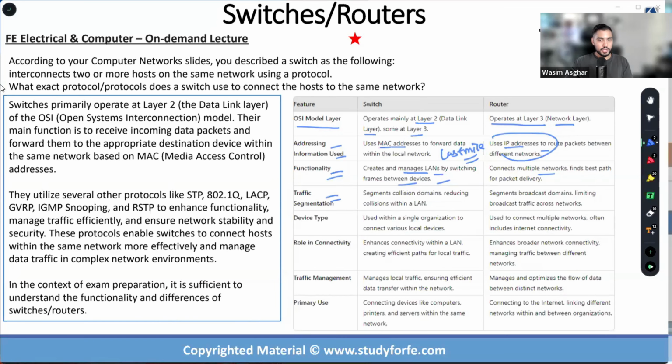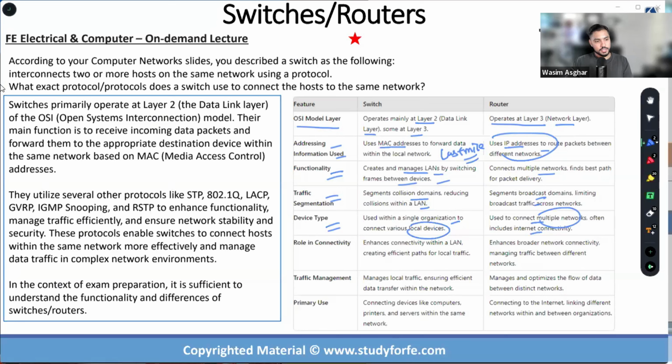For traffic segmentation, their responsibilities are collision domains, reducing collisions within the LAN, whereas routers are managing broader traffic across networks. For device types, we have local devices because we are operating within a single organization. Over here, we have multiple networks being connected, which often includes internet connectivity.